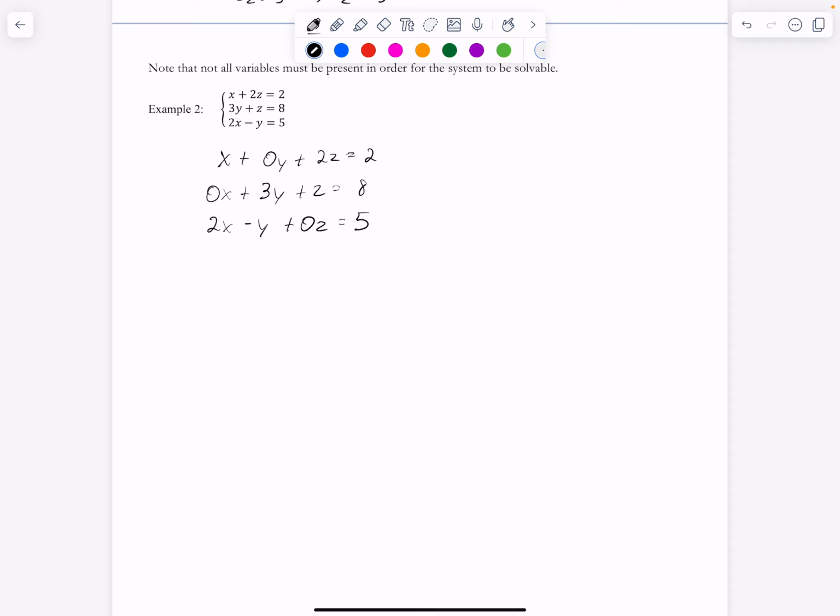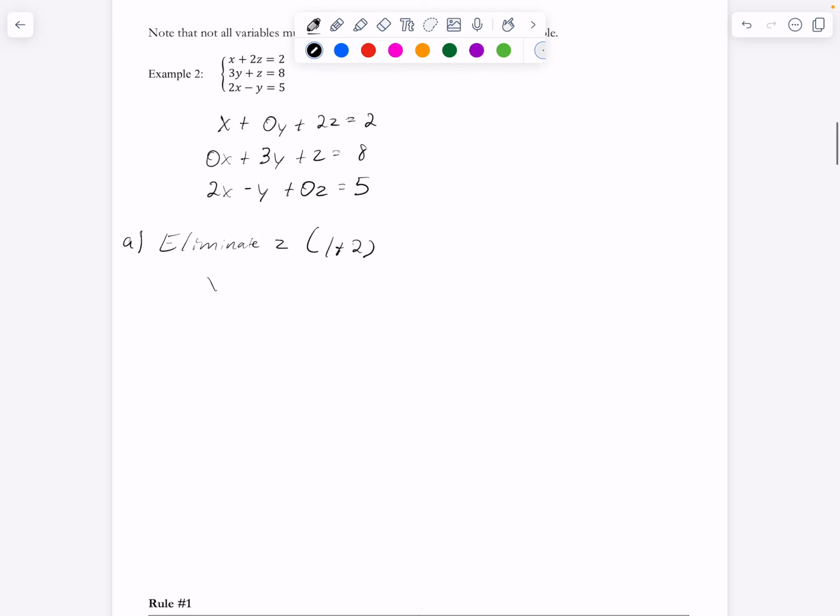All right, so it's up to you on how you want to approach this. I'm going to eliminate z using my first two equations. Let me label what I'm doing so you can follow along. I'll call this eliminating z using equations 1 and 2.